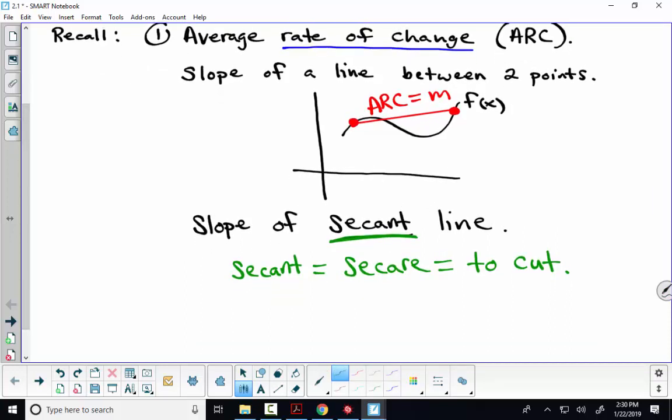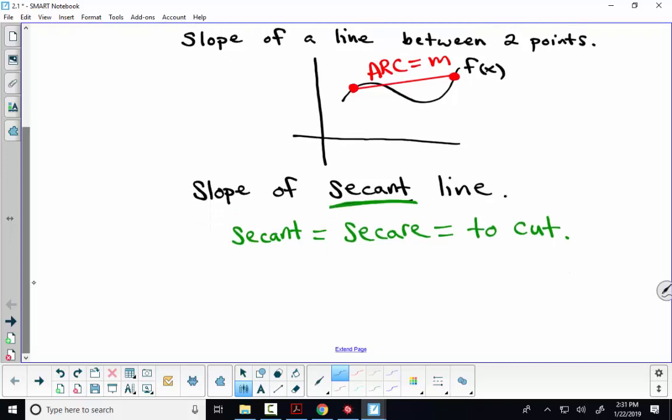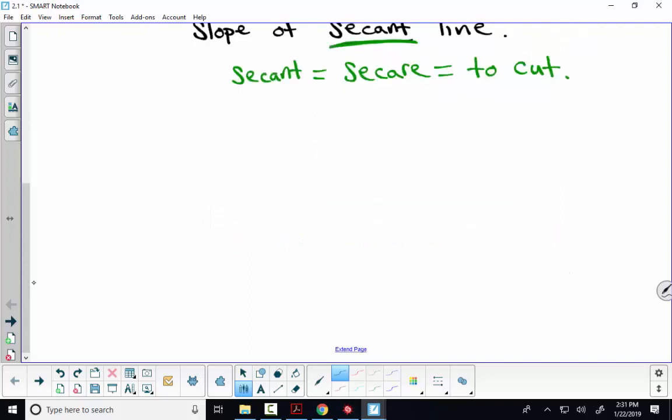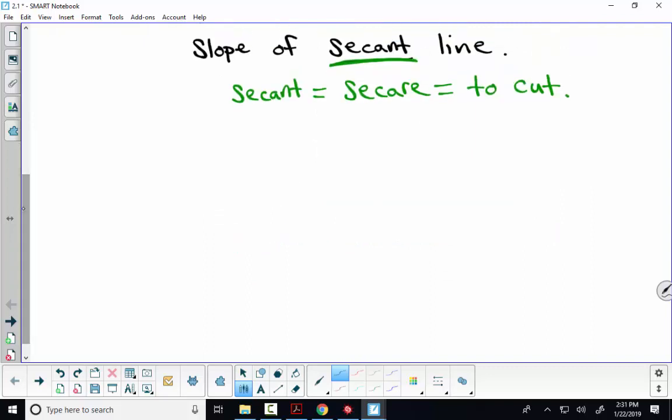Looking back, we said we've got these 2 points, how do you find the slope between the 2 points? Well, it's the change in y over the change in x. But what we're working towards is, what if I have a curve? So we'll call this number 2. What if I had this curve and I wanted to measure the slope at a single point?